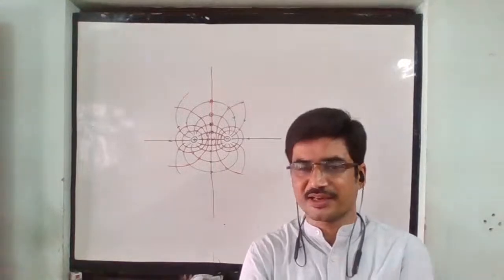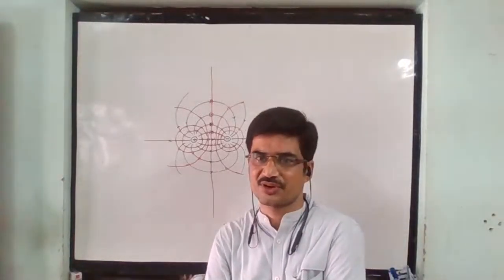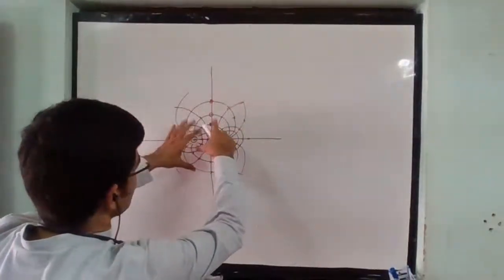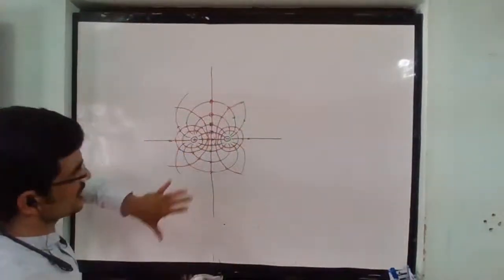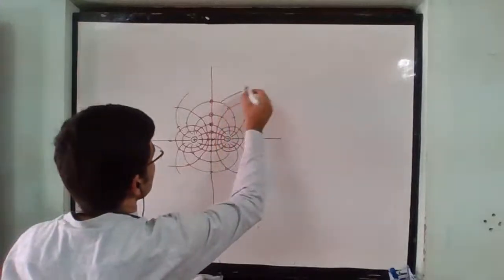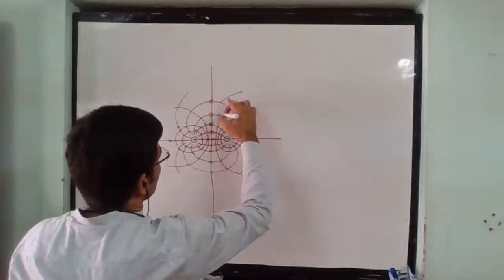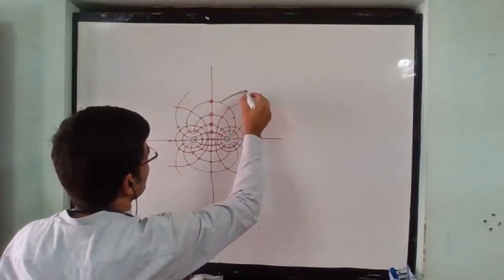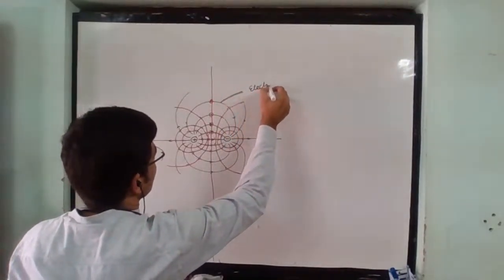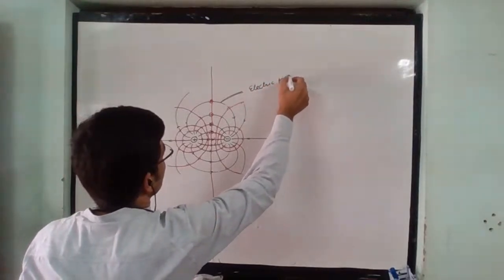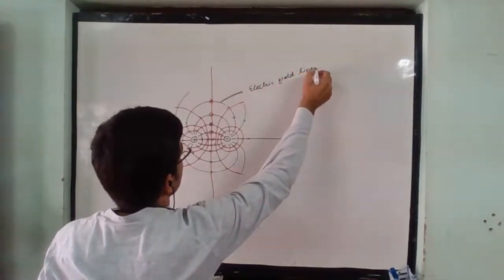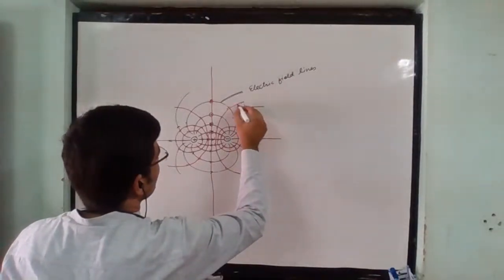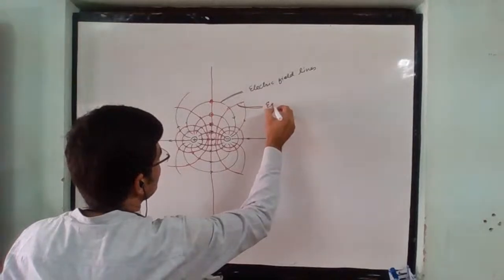This comes in the exam, to draw the equipotential surface. If you don't want to draw both, we have drawn two diagrams together. The red color is the equipotential surface and the black color is the electric field lines.